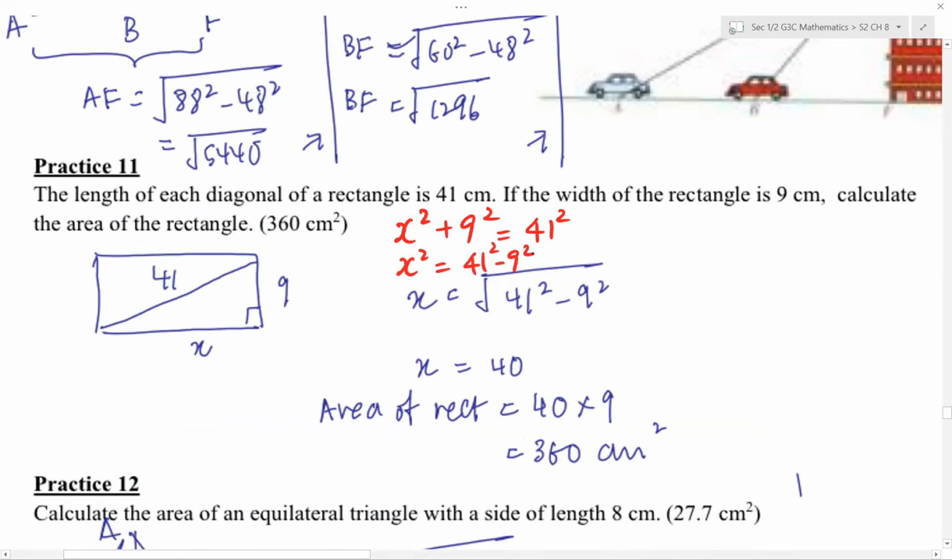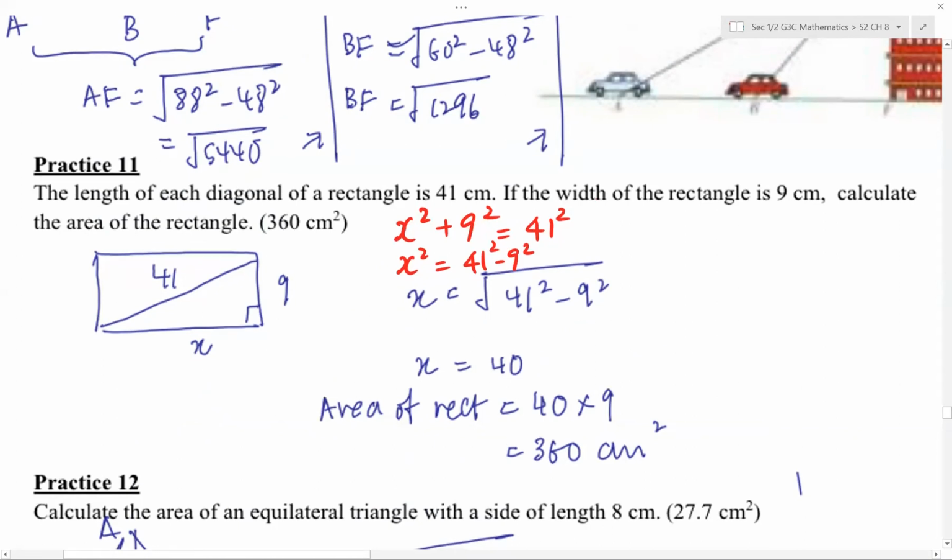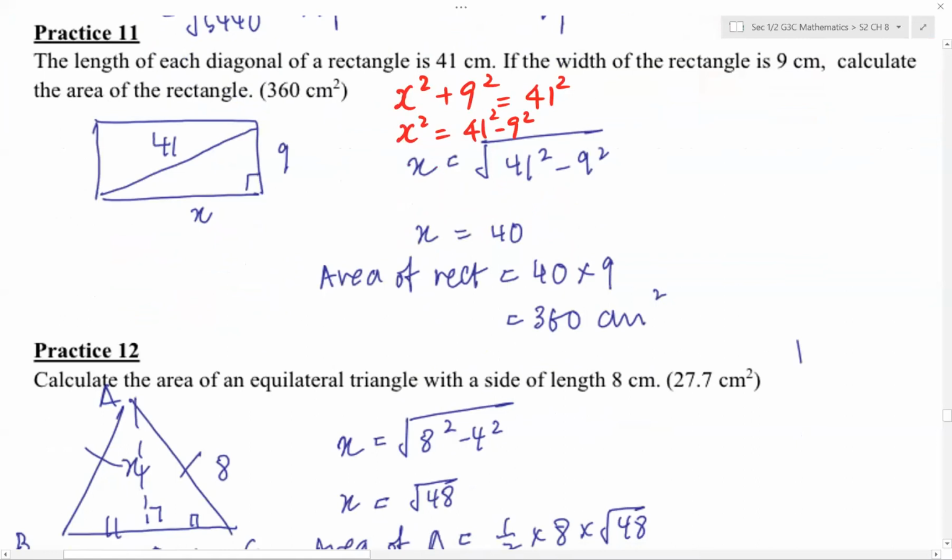And then the square root. But these steps, you can skip because they're considered quite easy. Or you can just keep them in also, if you prefer. Not wrong to have them. Just be careful with your work. So once you have the length, you get the area. Simple.